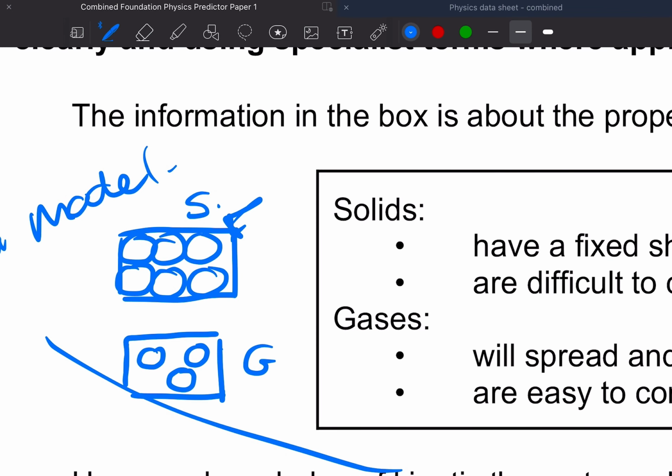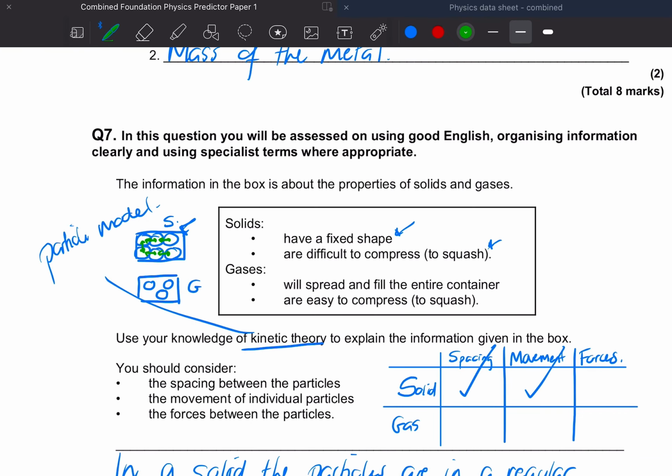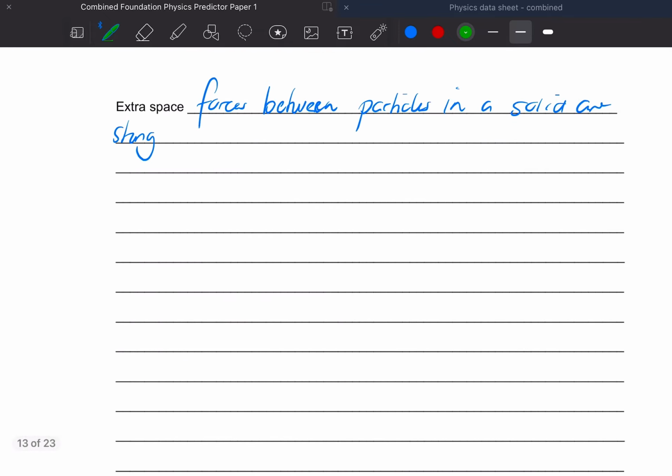If we think about this solid here, there are strong forces holding each of them next to each other, and that's why they have a fixed shape. It's because every particle is really strongly attracted to the next one. So the forces between each particle of a solid are strong, which gives them a fixed shape.